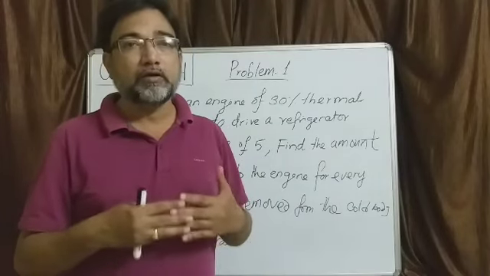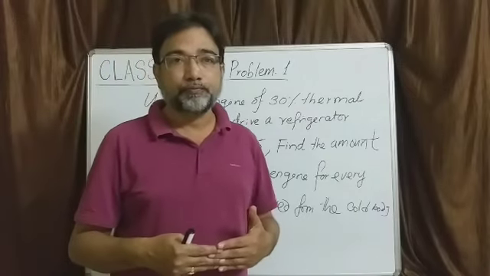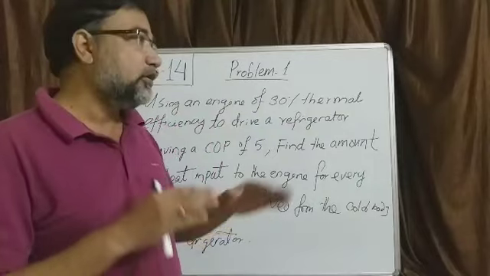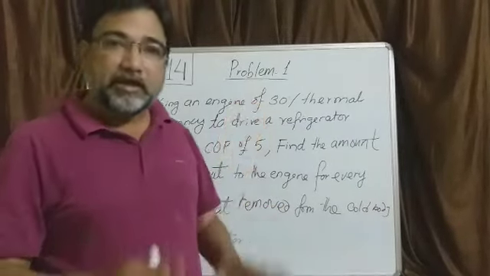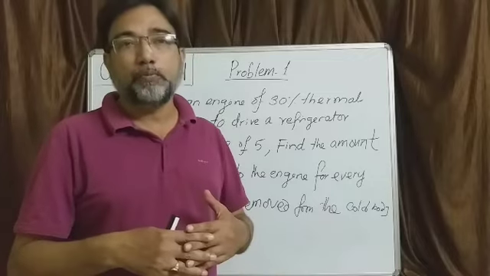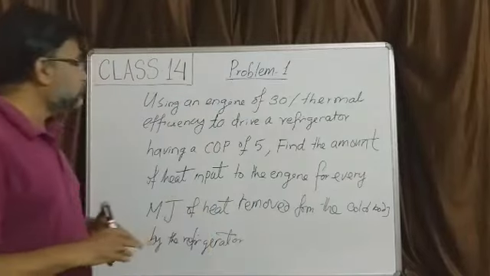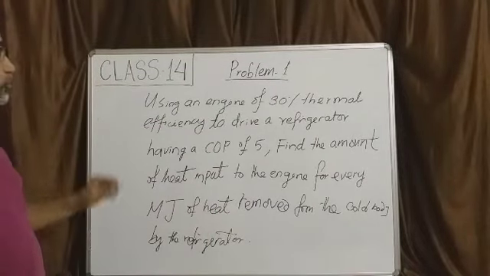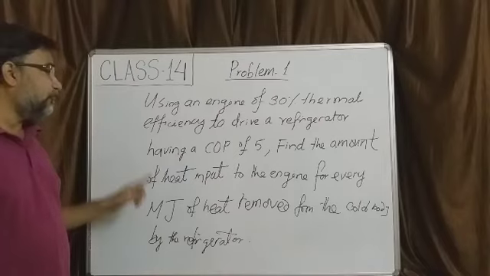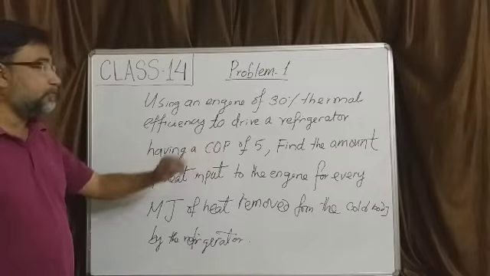Take some time and try to absorb the problem. It's very simple. Then we will draw the schematic of the problem, make the arrangement, make a list of given information, and we'll see how to proceed and how to solve this problem. Clear? So once again I am reading the problem. Using an engine of 30% thermal efficiency to drive a refrigerator having a COP of 5, COP is coefficient of performance.